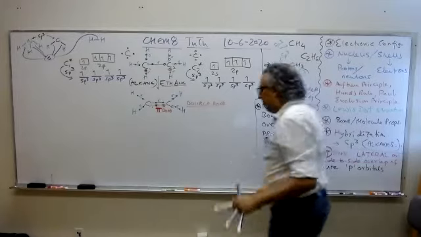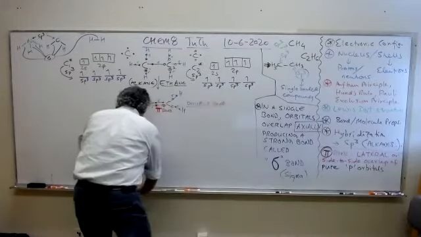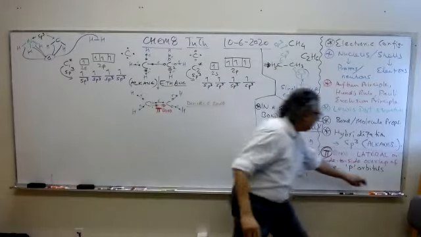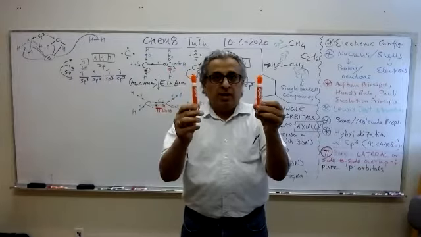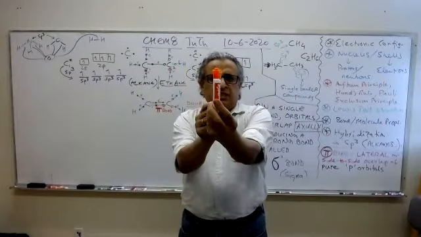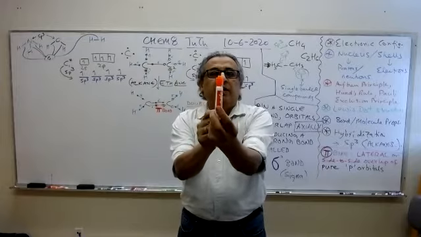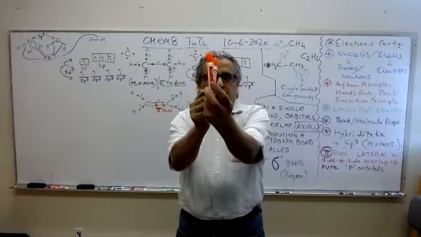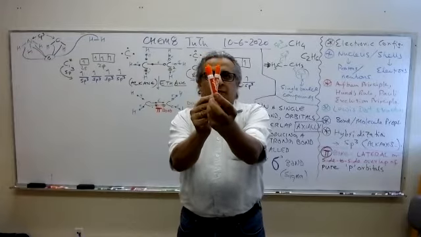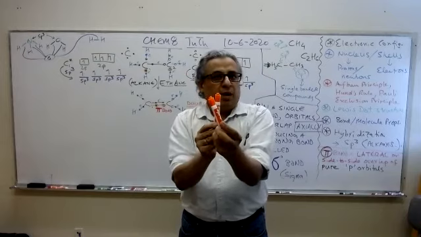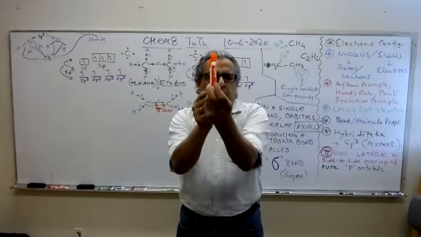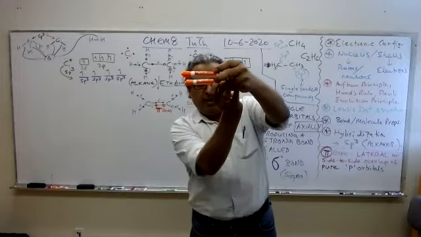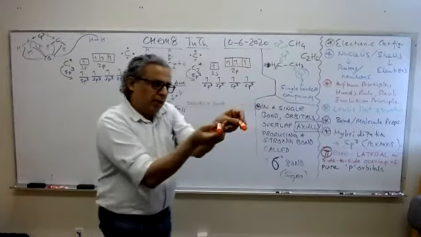Okay, and remember that in order for you to have a great pi bond, the p orbitals must align themselves perfectly parallel. If it is slightly angled, then the pi bond is a sketchy pi bond. It may not even happen. They must be perfectly parallel with each other.